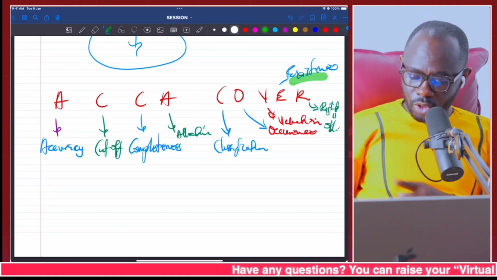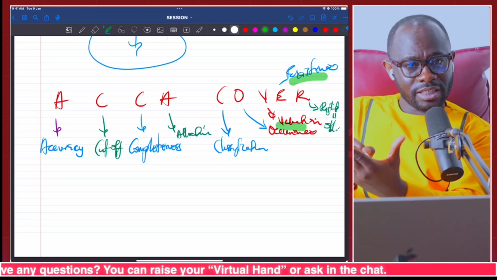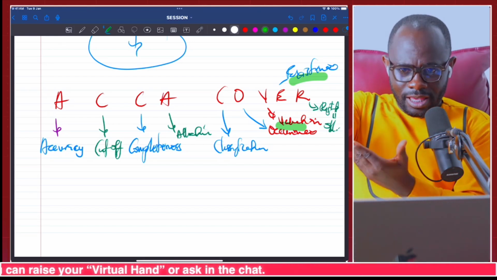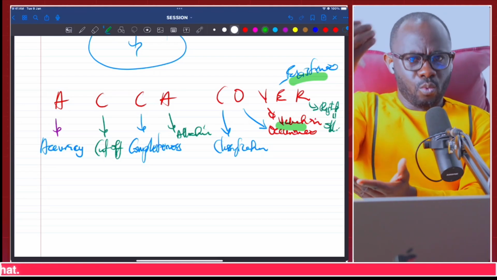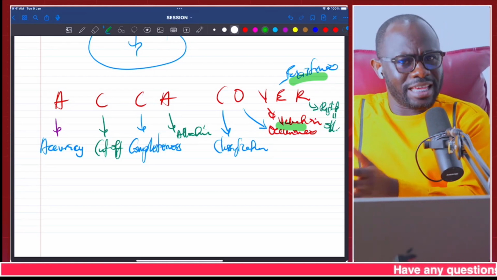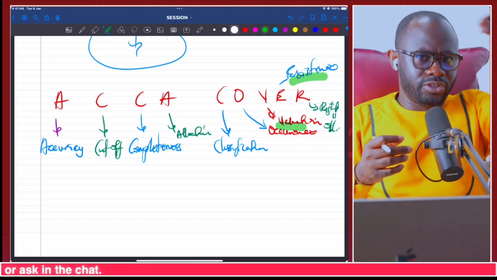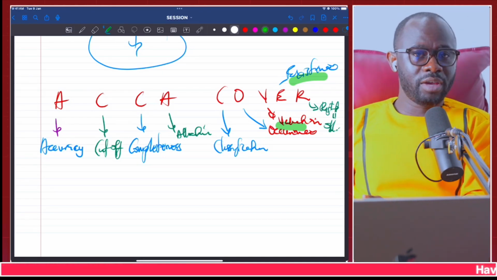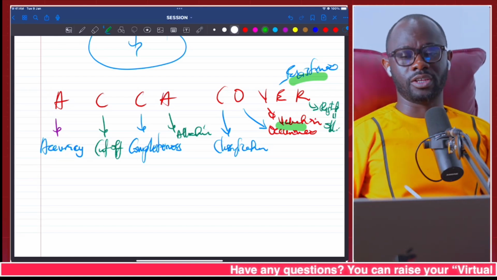Number two, you are also testing for valuation. What is written in the book and what is there, does it correlate? Like, is what I'm seeing with what has been recorded in the books? So you realize that those two procedures are helping us to test for what? Existence, and then what? Valuation.